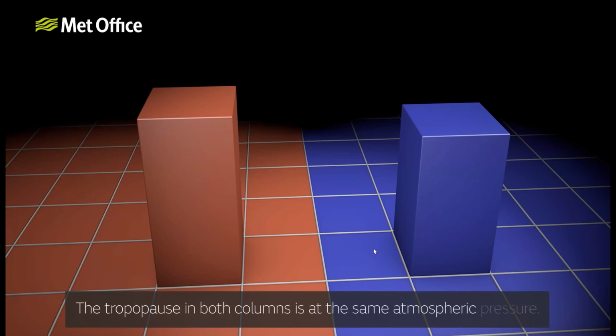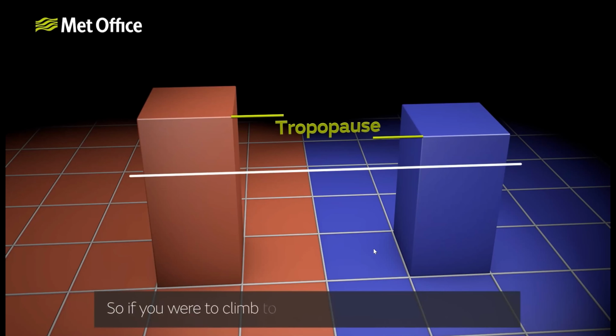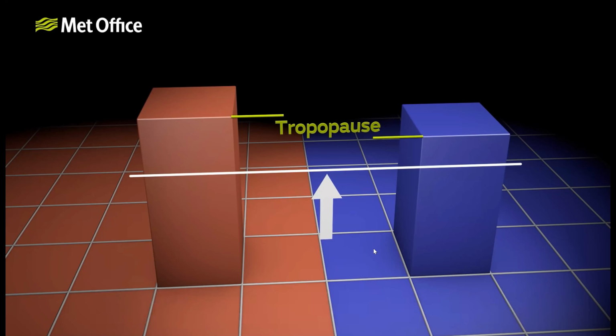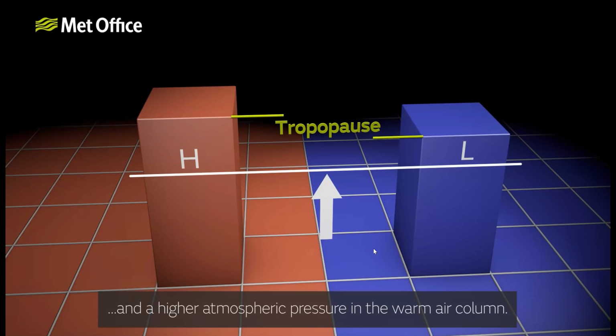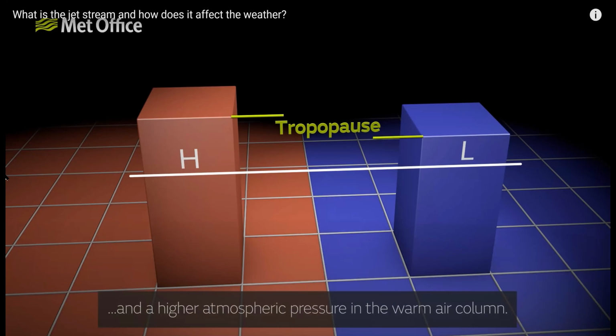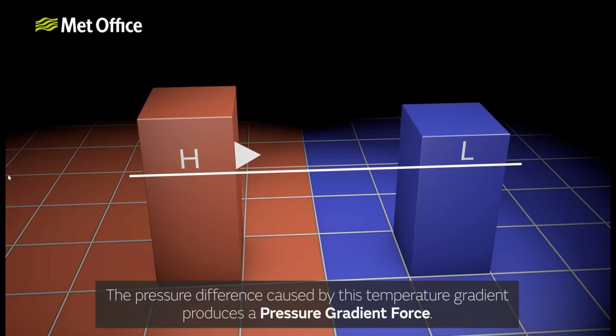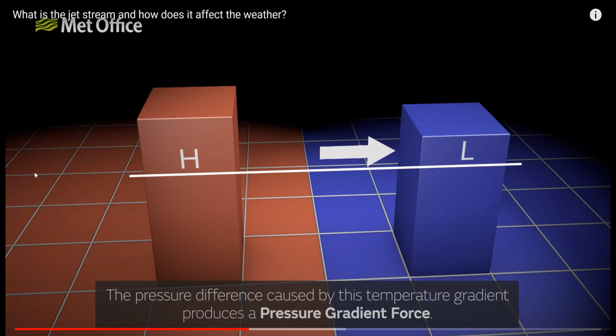The tropopause in both columns is at the same atmospheric pressure. So if you were to climb to the same height in both columns, you would be at a lower atmospheric pressure in the cold air column and a higher atmospheric pressure in the warm air column. The pressure difference caused by this temperature gradient produces a pressure gradient force.